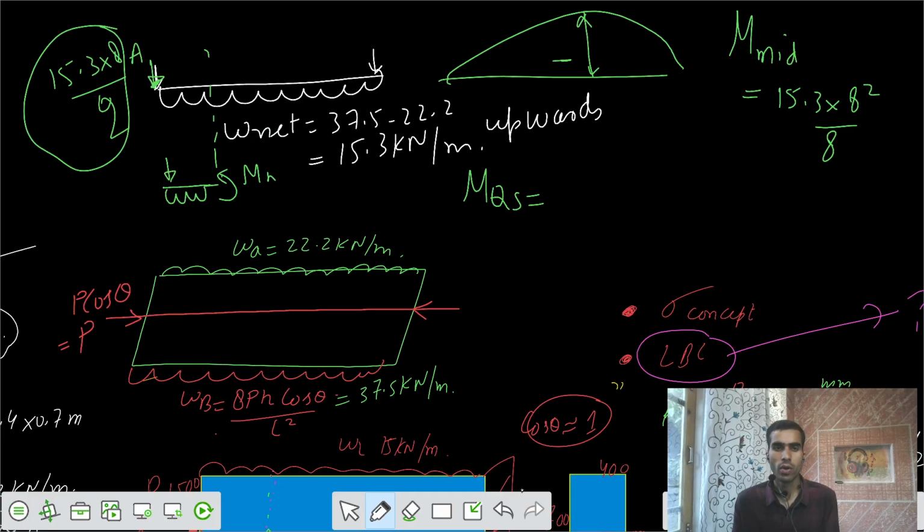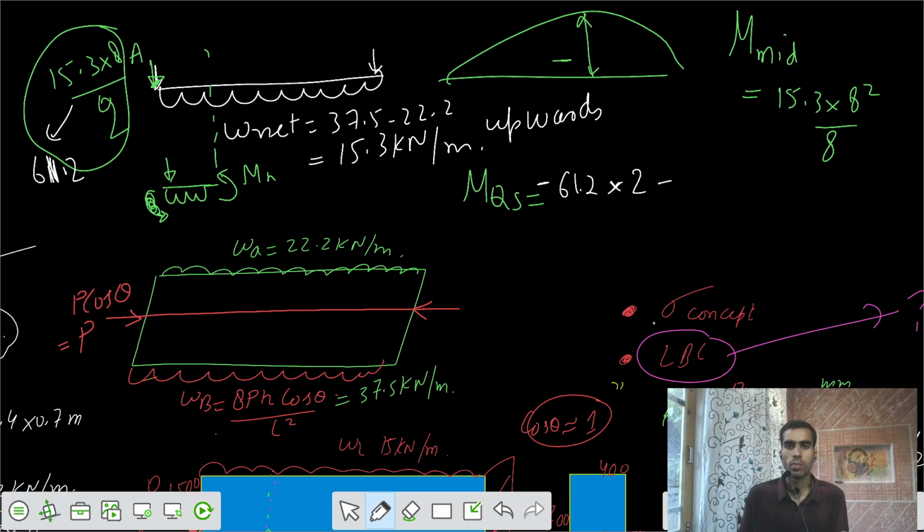You have an anti-clockwise moment because of the support reaction, that is 15.3 into L by 2, so 61.2 kilonewton, into this length of 2 meter, and this is anti-clockwise about that section.